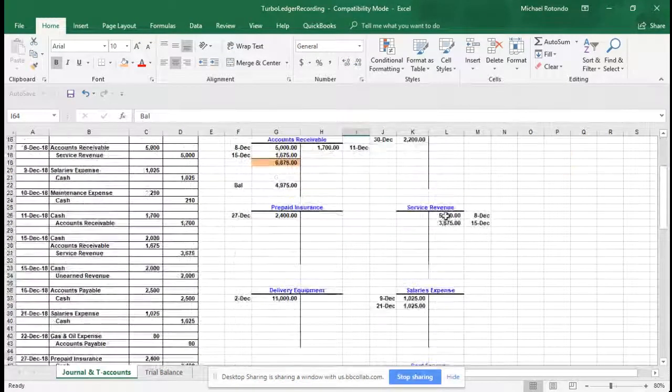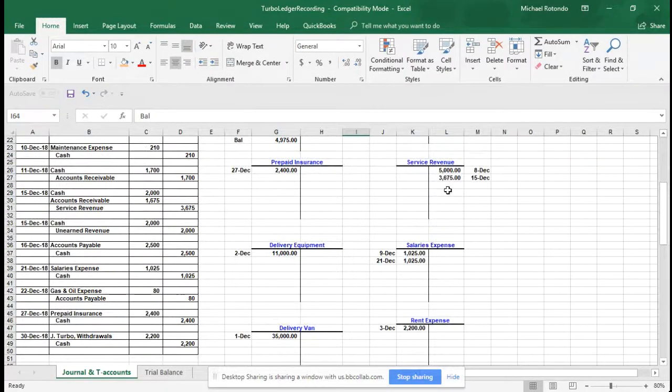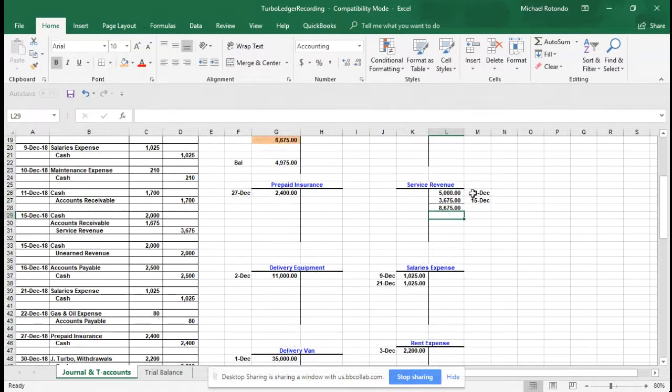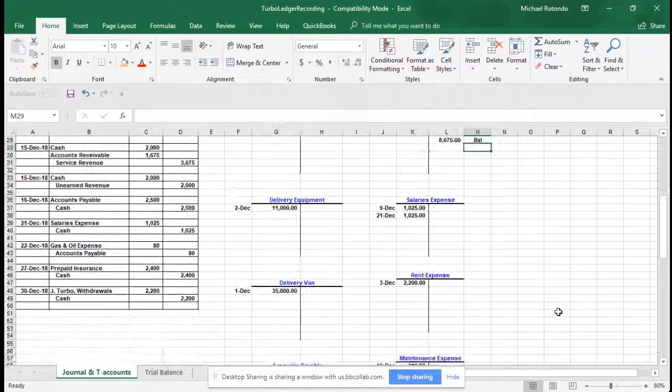Capital withdrawals, service revenue, we have 2 credits. Okay, there's nothing on the debit side, so we don't need to foot. We can simply just total this up to get the balance. So we have revenue of $86.75. Salaries expense, we have no credits, we have 2 debits.